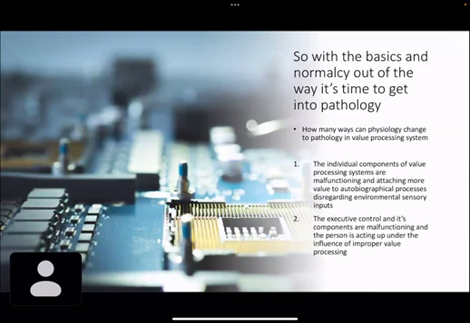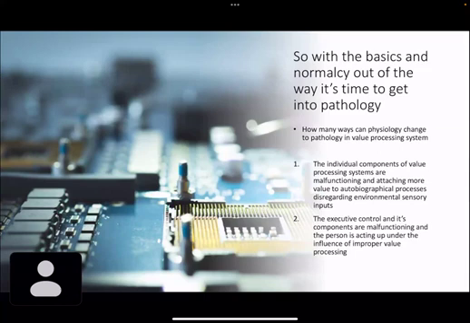So when there is pathology, how many ways can that happen? Either the individual components of value processing systems are malfunctioning and attaching more value to autobiographical processes, disregarding environmental sensory input, or the executive control or its components are malfunctioning and the person is acting under the influence of improper value processing.